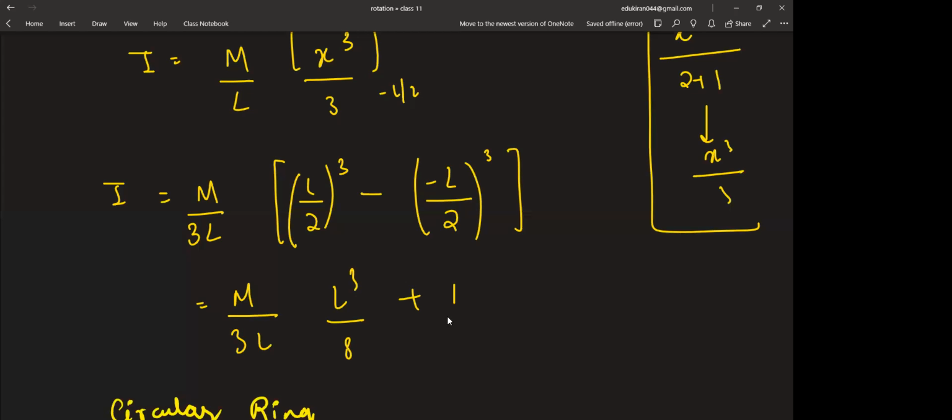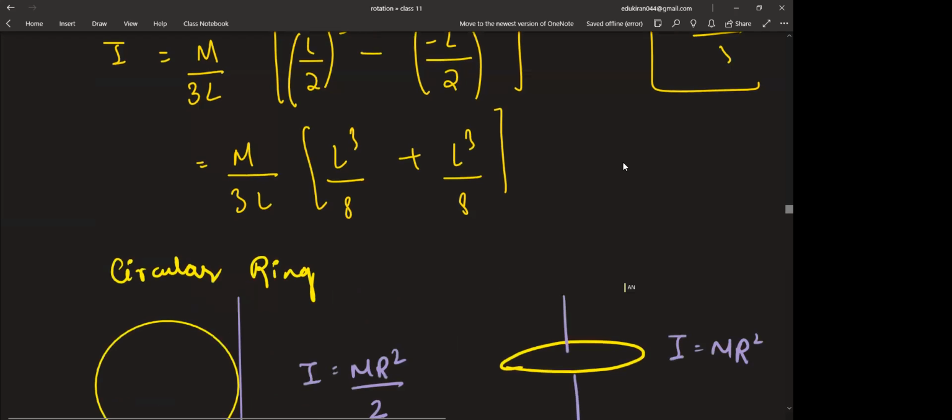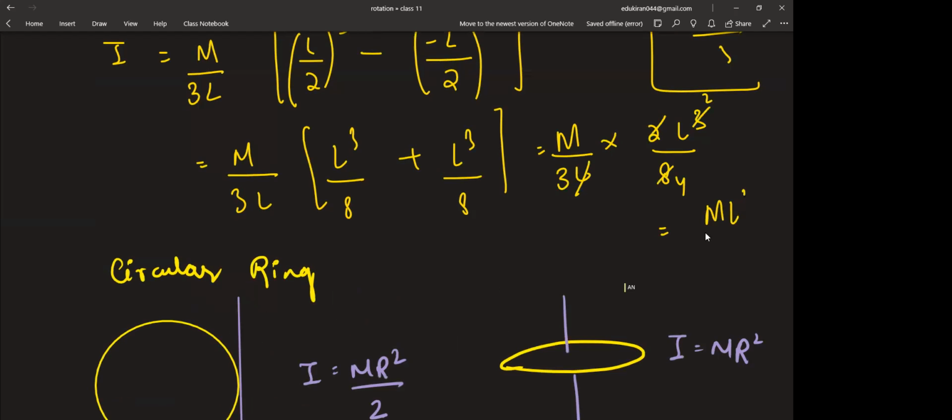This is L cube by 8. Same thing. So this becomes M into 2 divided by 3L into L cube by 8. See, one L will cancel, this cube will become square. 2 here, 4 here. Final answer is ML square by 12. So it is ML square by 12.